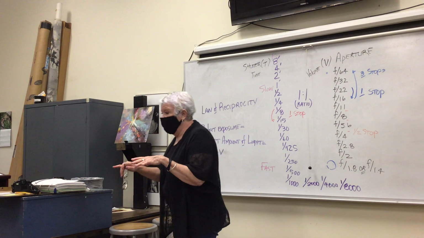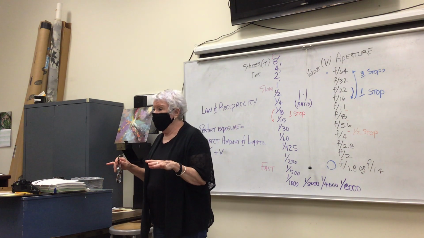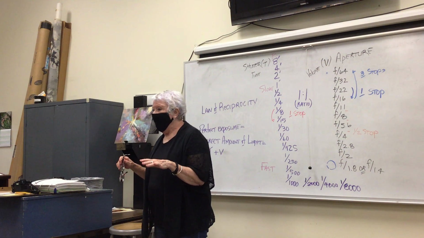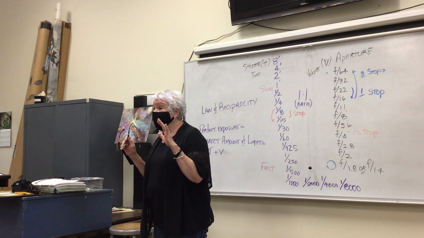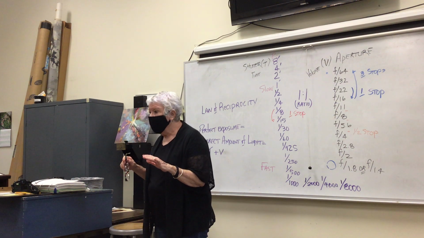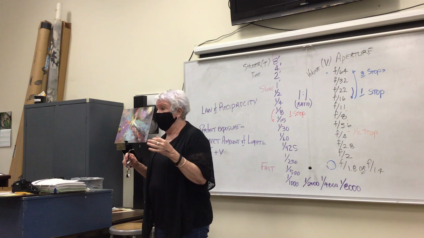So we know how to operate the camera now. How many people have been looking through the camera? Having fun, right? Now you're going to take the camera and take pretend pictures. You are going to frame things up.